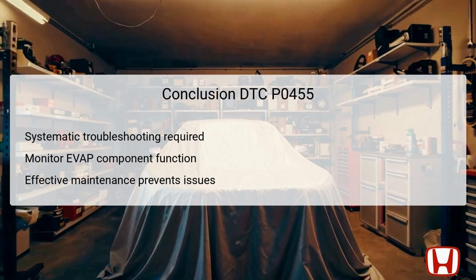Moreover, preventive maintenance practices will keep your Honda Civic operating efficiently and ensure adherence to emission standards. By following the guidelines presented here, you can troubleshoot these codes effectively and maintain the health of your vehicle in the long run.